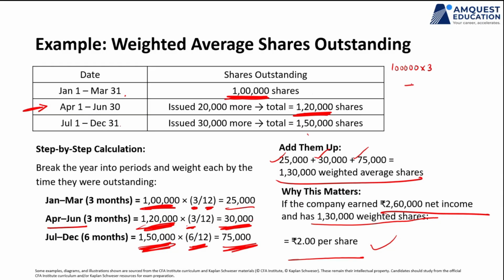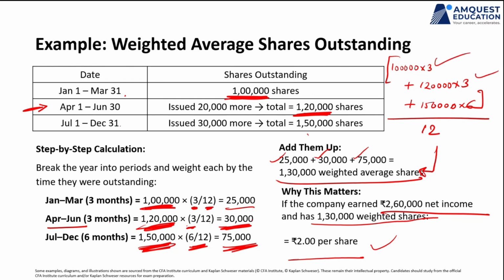This times 3 plus this times 3 plus this times 6, the entire total divided by 12. And what you get is 130. Why are we taking 3? Because 100,000 shares were there for 3 months, then 120,000 for an additional 3 months, and 150,000 for 6 months. So it's a weighted average number for the entire 12-month time period.